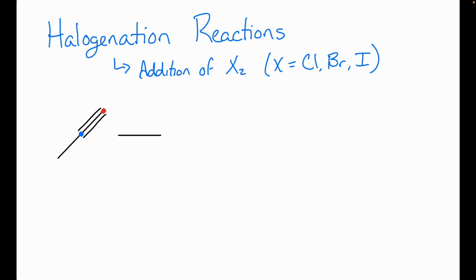All right, everybody take a second and see if you can predict what my product would be if I took this alkyne and put it in with bromine, diatomic bromine, Br2.